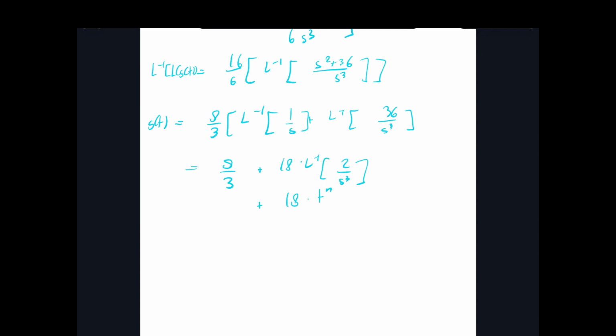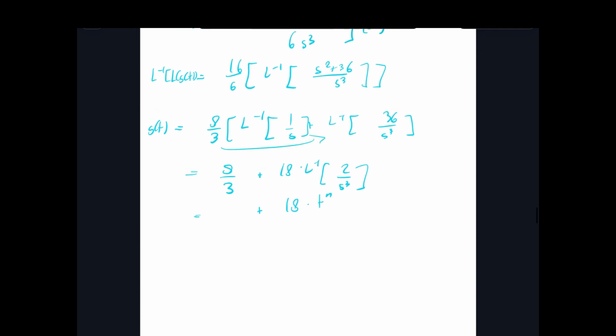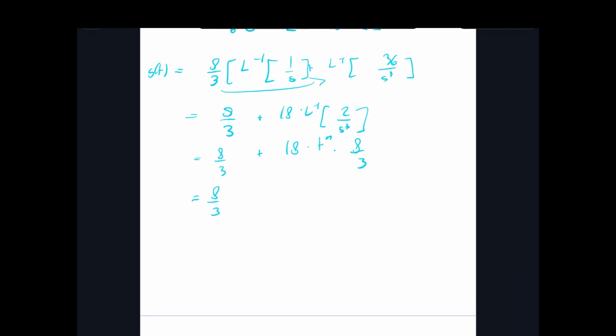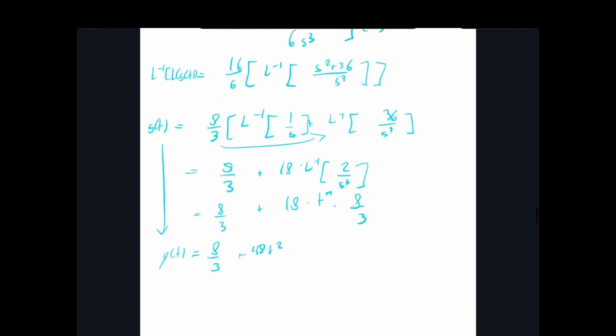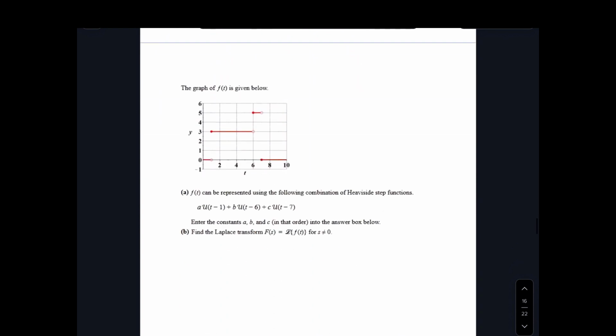And the 8 over 3, I also have to expand it here, so times 8 over 3. And if you simplify everything, you'll get y at t, in my case it's the g at t, plus 48t squared. You could have subbed in y at t or g at t, either one of the two. You'll get the correct solution. You just have to understand what you're doing.